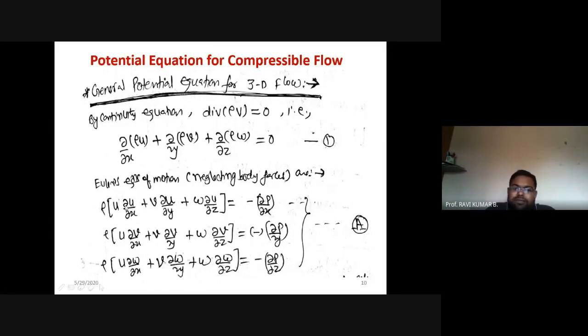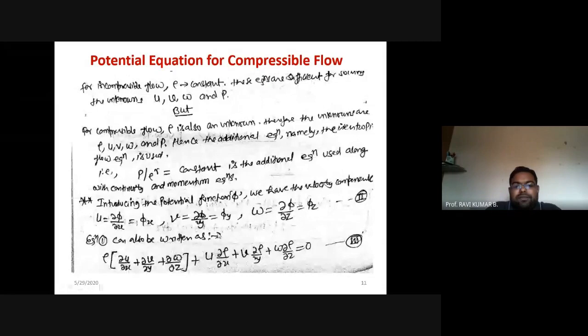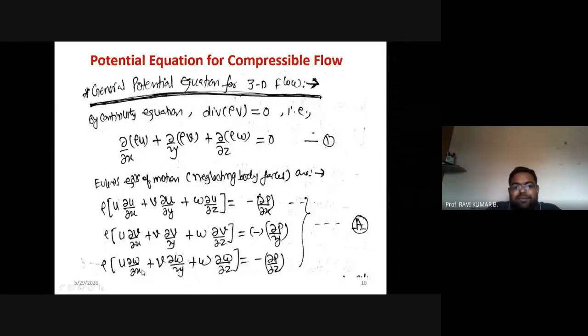In the first case, everywhere I used u because I was considering flow along the x direction, so the velocity component in x direction is only small u. Similarly, in the second case, when I am writing with respect to y, my velocity component will be small v, right? When I am writing along z, it will be w alone. So I got these three equations for the momentum, and the single equation for continuity.